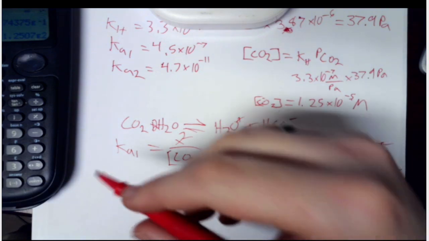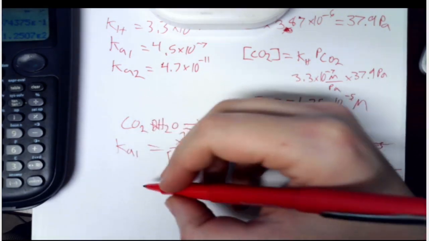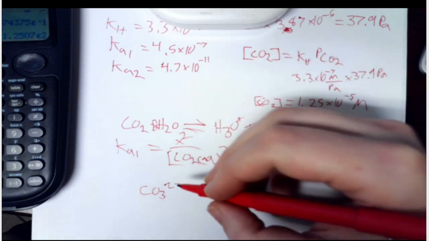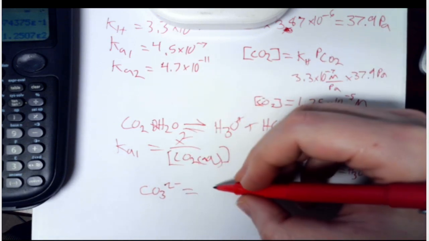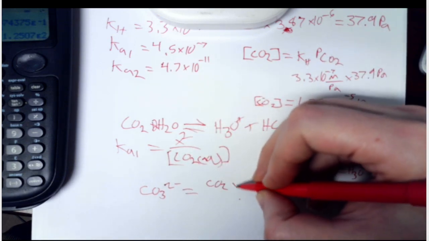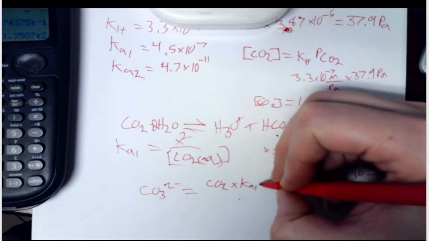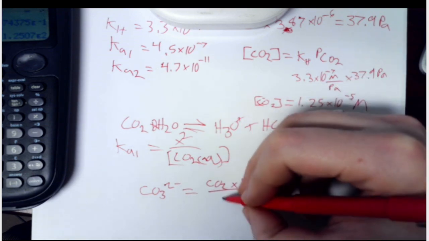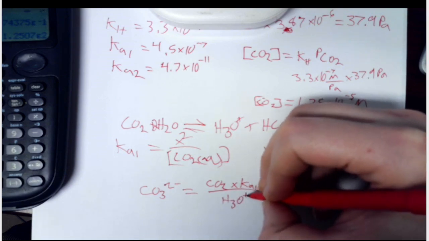Now with that in mind, we can find carbonate concentration through this handy equation that relates it to the CO2 concentration times Ka1 times Ka2 all over hydronium concentration squared.